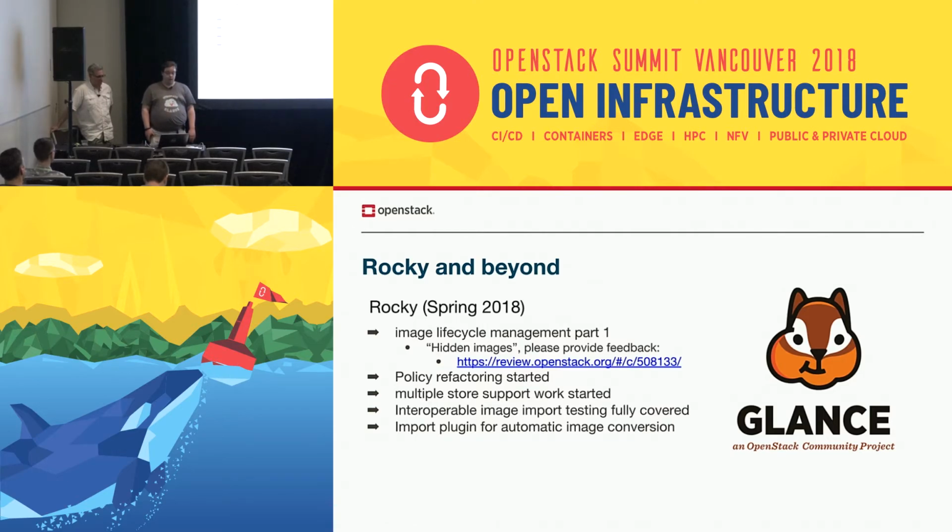And also, one more bit on that plugin framework is having a plugin available that allows automatic image conversion. So you might have a backend that benefits from a specific image format like RAW for Ceph, and you don't want to limit your end users by making them figure out how to convert that image to RAW and upload it to your cloud.